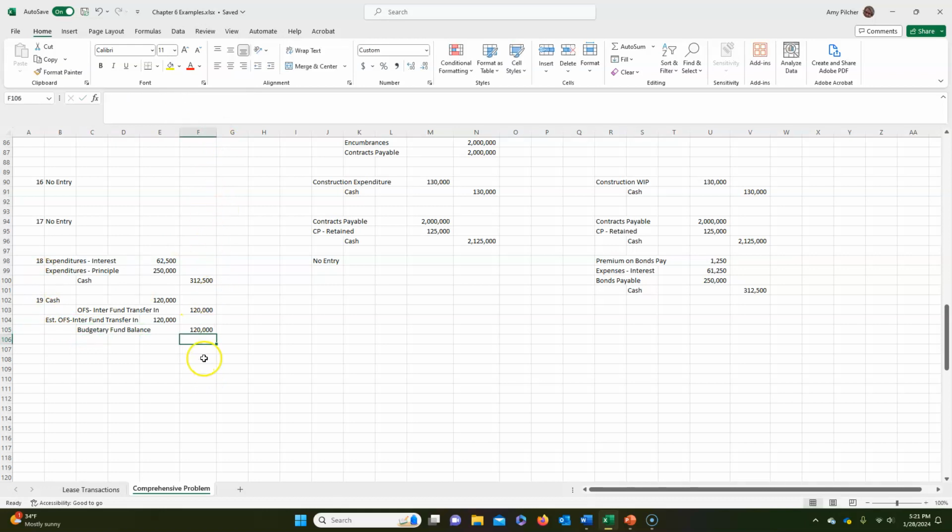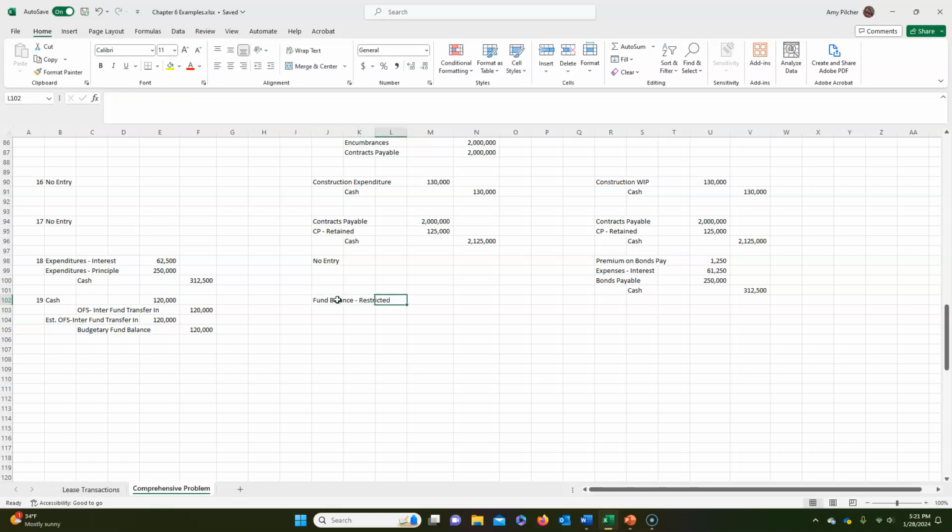Okay, so that amount is just the remaining cash that's left after we have all of the construction expenditures for the year.